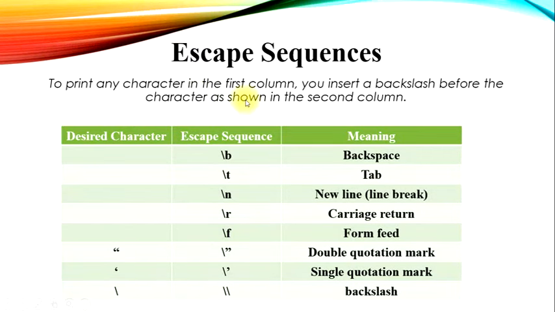So to print any character in this first column, you insert a backslash before the character as shown in the second column. So backslash B means backspace, backslash T means tab as shown earlier, backslash N means new line or line break, backslash R carriage return, and so on to print double quotation mark, single quotation mark, or backslash itself.